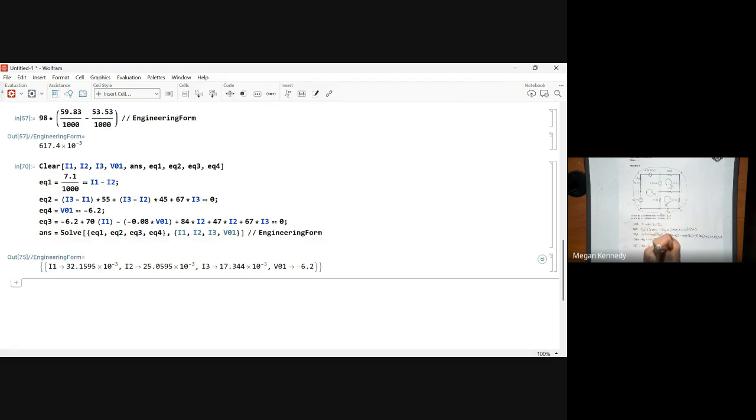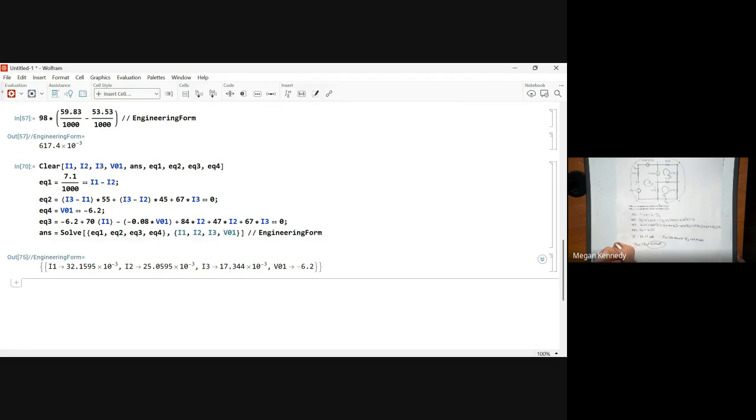I2 equals 25.06 milliamps. I3 equals 17.34 milliamps. All right. So then we can say the current from 6 to 3 is going to be equal to I3, which is 17.34 milliamps.